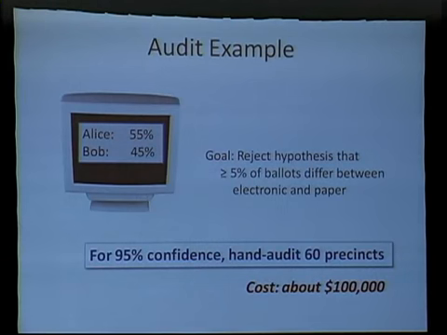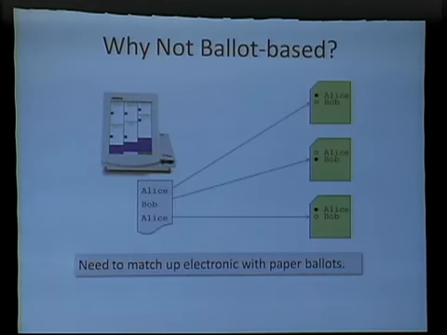So if we were to apply ballot-based auditing to a state with a similar race to the one I just gave you before, to get the same level of confidence, maybe instead of having to audit 60 precincts by hand, we might only have to audit 60 ballots at a cost of $1,000 instead of $100,000. So they're potentially dramatic savings. There's one problem, though.